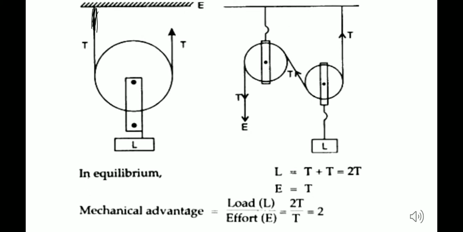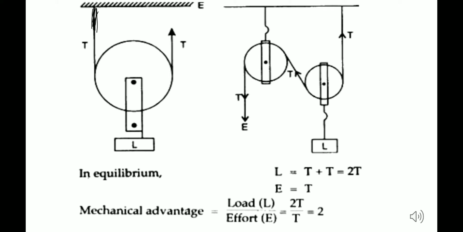So now, students, you can see here that the single movable pulley is there. In the other diagram, I have just shown you an arrangement where a single movable pulley has been connected to a single fixed pulley. And that single fixed pulley is only changing the direction of effort.